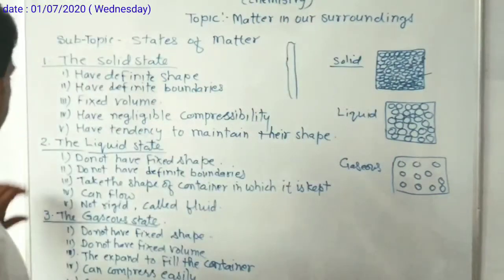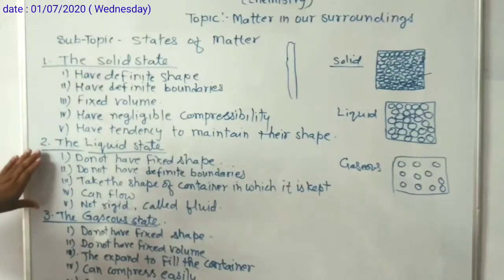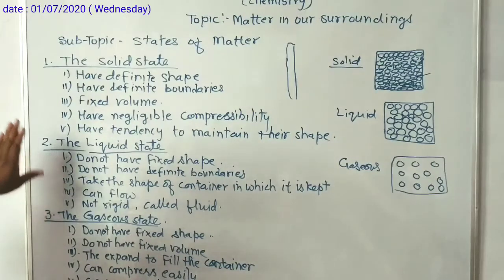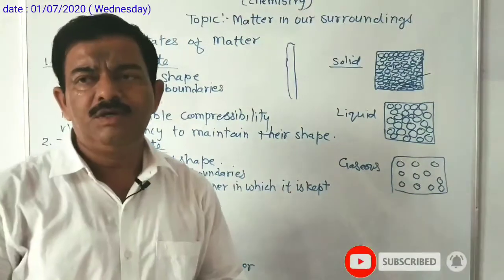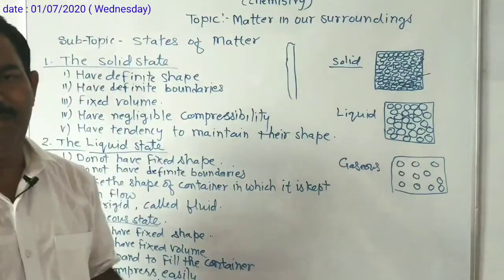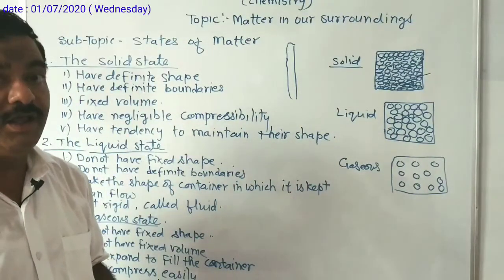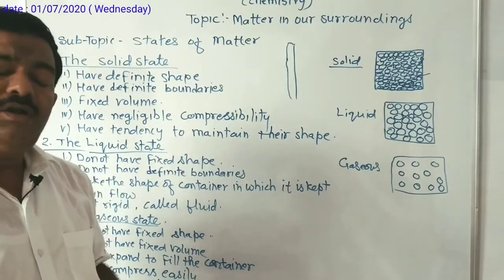Now I want to tell you about the liquid state. Liquids do not have a fixed shape. Suppose you are taking water, coffee, or any liquid like kerosene, diesel or petrol.